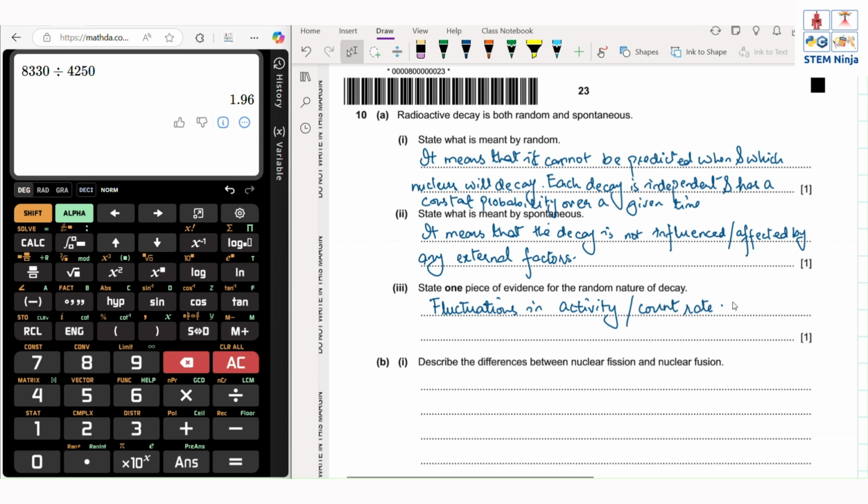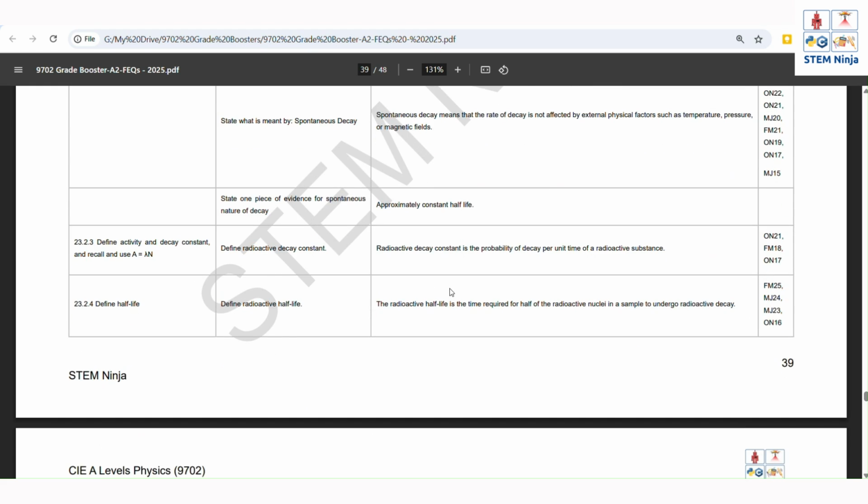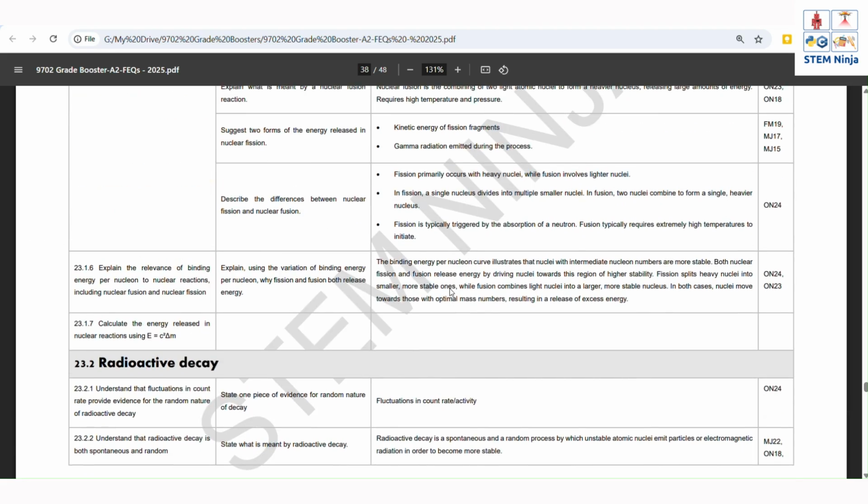Describe the differences between nuclear fission and fusion. I think we also covered that. Fission primarily occurs with heavy nuclei. Fusion involves lighter nuclei. In fission, a single nucleus divides into multiple smaller nuclei.